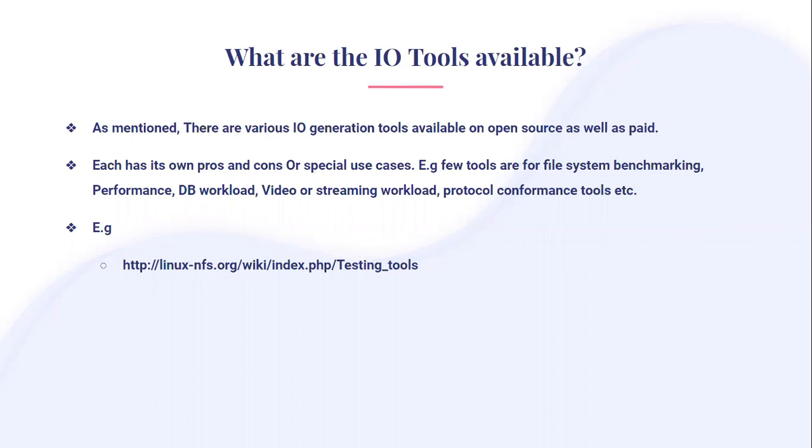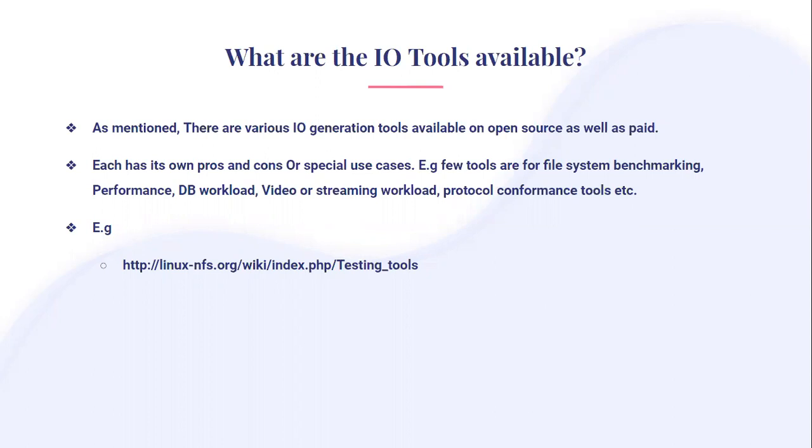Another use case is that, say, I want to deploy a particular database. Now my IO tool should have an option where it can create a synthetic database workload. So accordingly, I'll be selecting the IO tool. Another aspect is that the need is there, of course, but there is a cost associated with it.